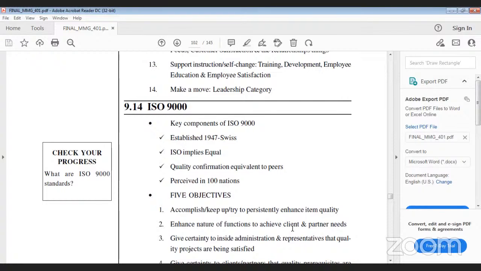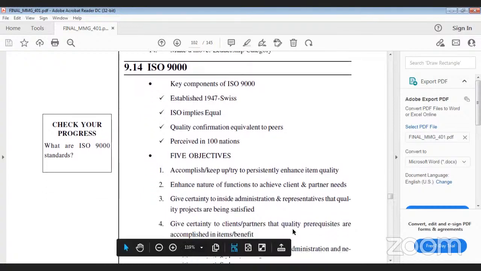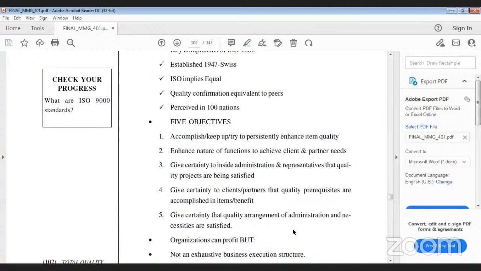There are 5 objectives of the ISO 9000. First objective is to accomplish or keep up, and try persistently to enhance the quality. Second is to enhance the nature of the functions to achieve client and pattern needs. Third is to give certainty to the inside administration and representatives that quality projects are being satisfied.